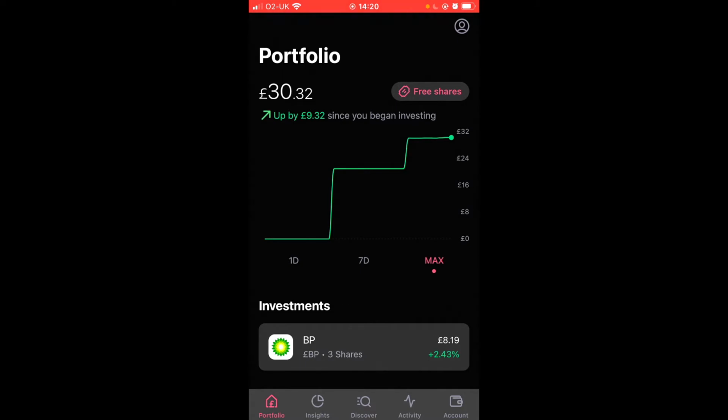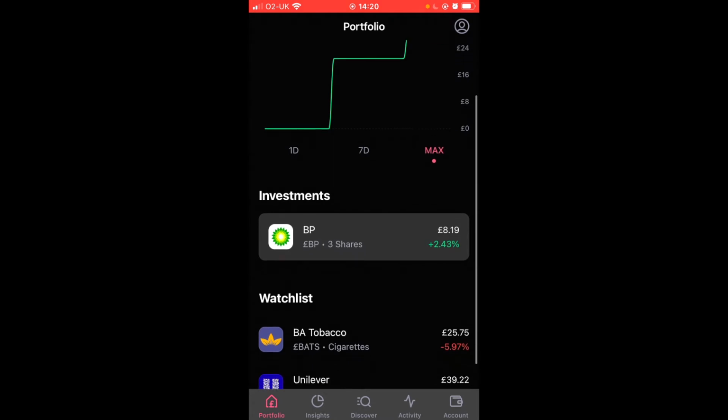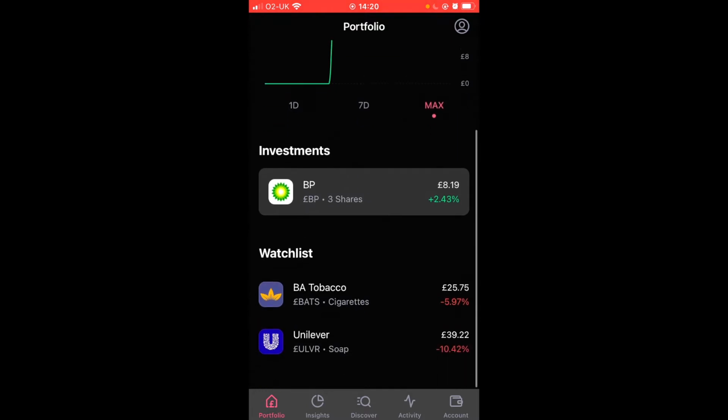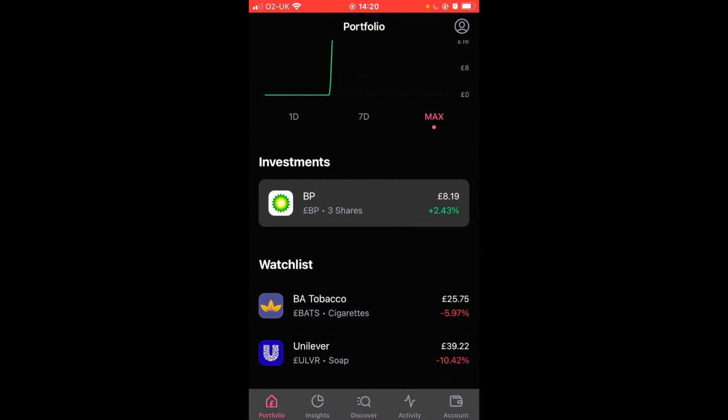I have another account with another provider, but on here I've got the investments that I have actually invested in, which is an investment in BP. I've got 3 shares here and I've gained about 2.43% since I made that investment. And right at the bottom is a watch list, which I can continually add to or remove from specific investments or stocks that I am interested in.